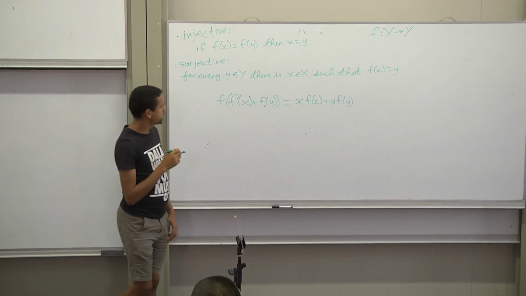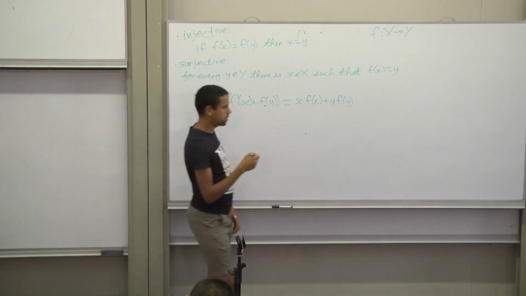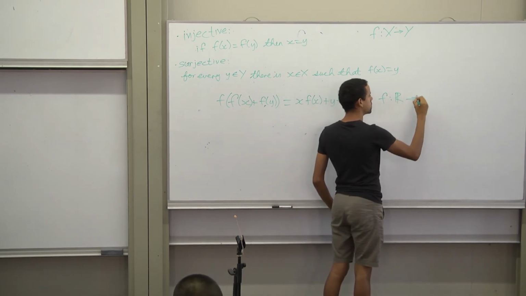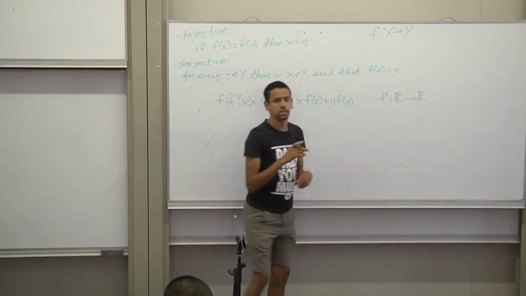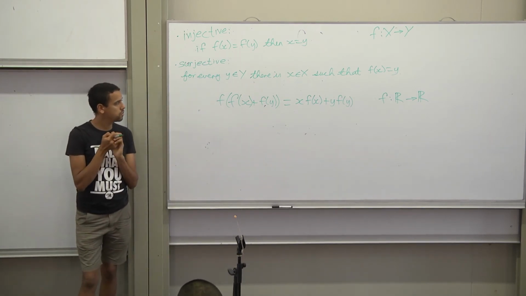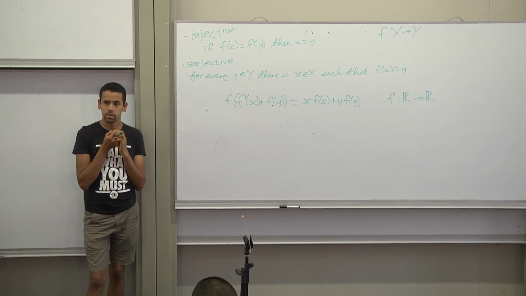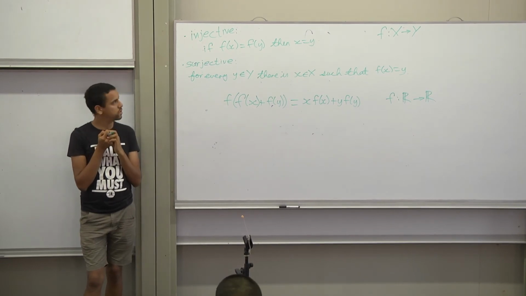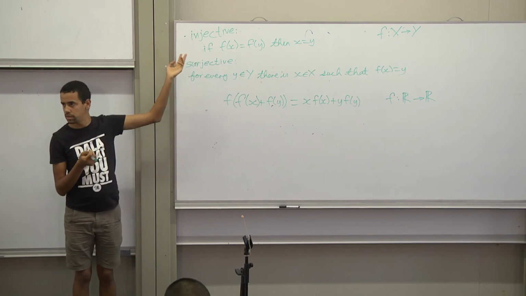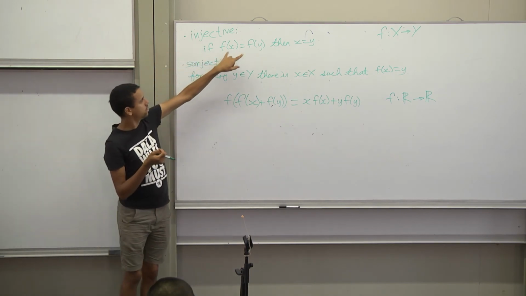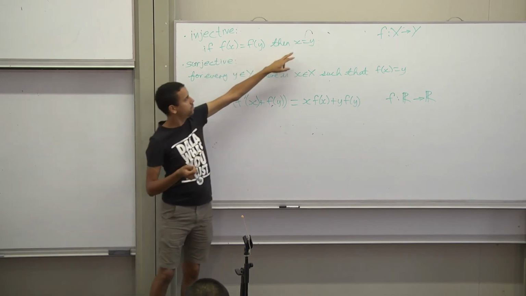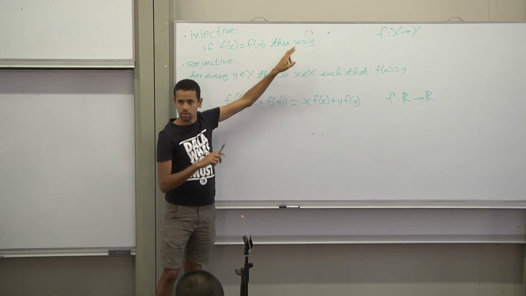Okay, let's suppose that's your functional equation and you've got f from the reals to the reals. How can we prove that f is injective? It's actually pretty straightforward. We just follow the criteria of injectivity. We start with assuming that two values of f are the same, and then we prove that the input values are the same.